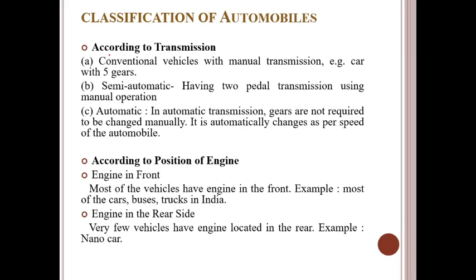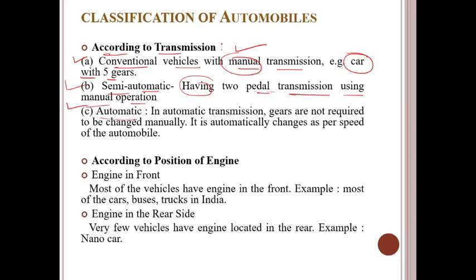Now another classification is according to the transmission, how our transmission system works. You observe here conventional vehicles with manual transmission, for example a car with five gears. The gear is operated manually, guys. Second is semi-automatic, having two-pedal transmission using manual operations.